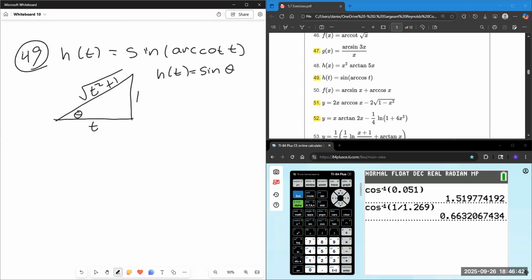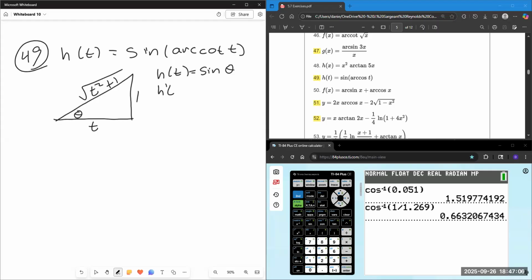So h prime of t is going to be... I can't do d theta. So h of t is, yeah, I can.